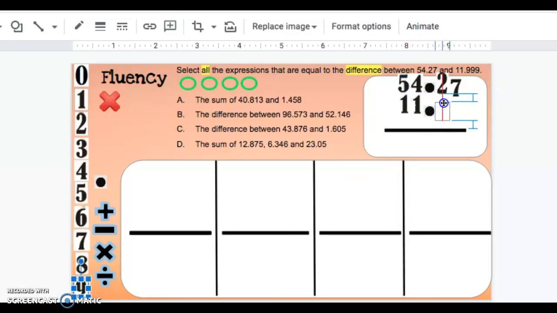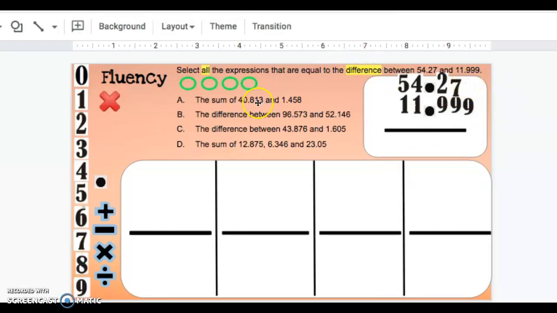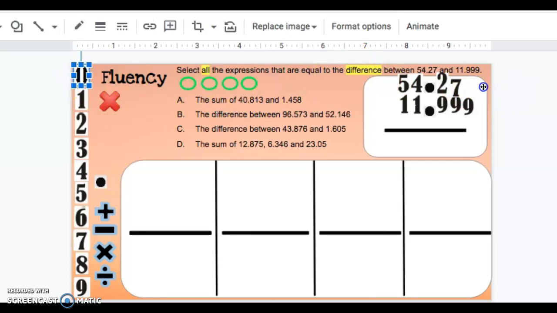Then put my nines. Making sure that all my digits are lined up with each other based off of their place value. Now, since I have a 9 here and nothing above it, I need to put a placeholder, which is our 0, so I know that I'm staying in the right place value based off of the numbers.